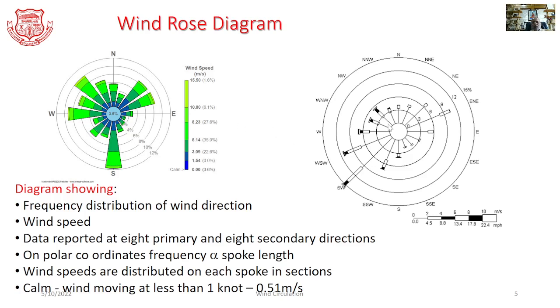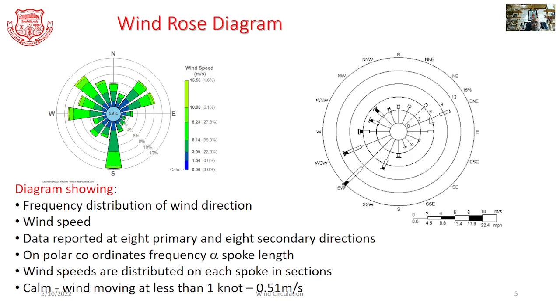As you see, for both of these cases, you can have that particular data expressed in relation with the quadrants northeast, east south, southwest, or west north. Or otherwise, it can be reported at 8 primary directions and 8 secondary directions as presented in this particular diagram.